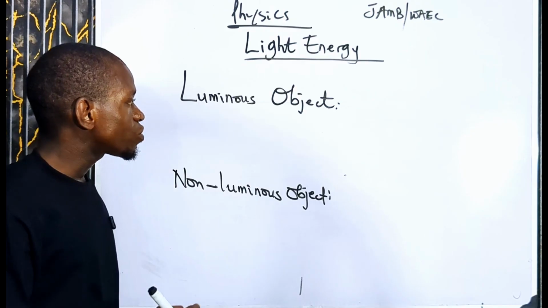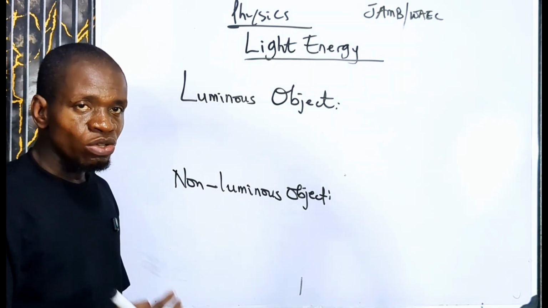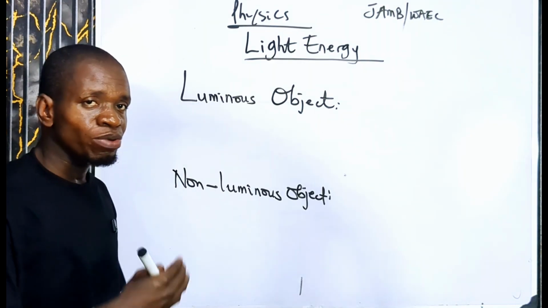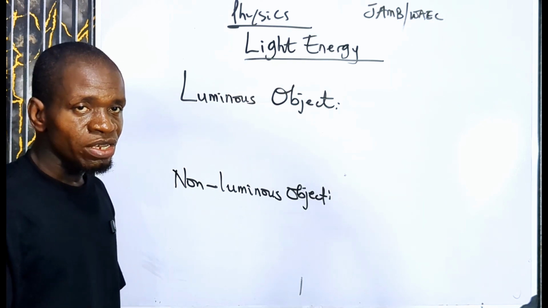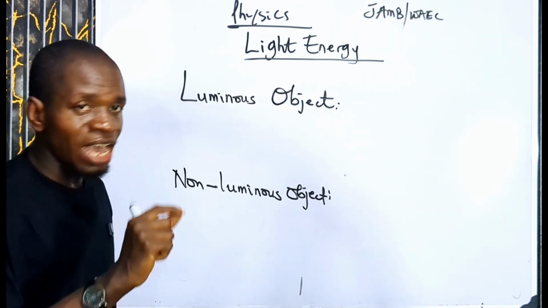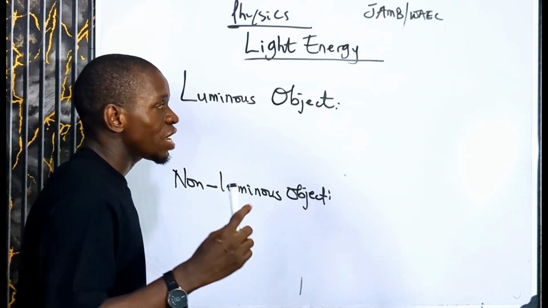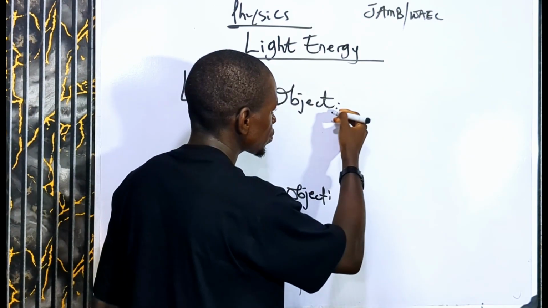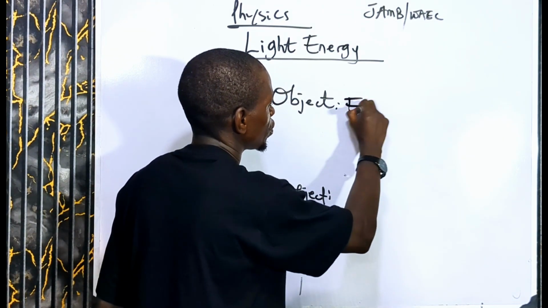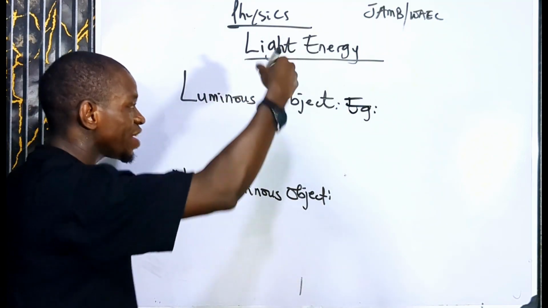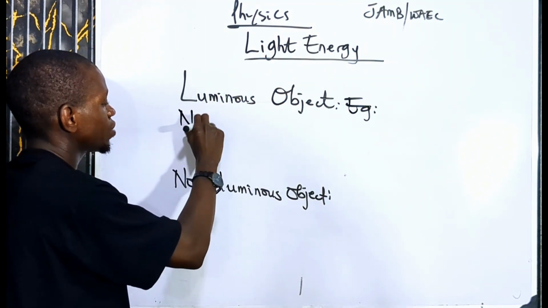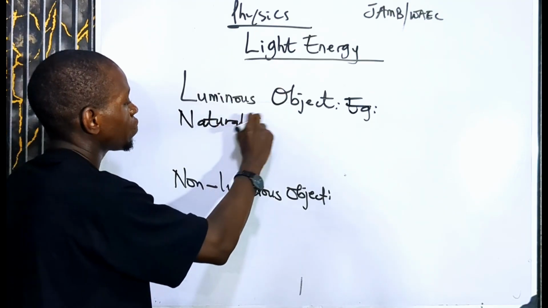Luminous objects are those objects or sources of light that produce light by themselves. Examples of luminous objects are all the examples of our natural source of light.